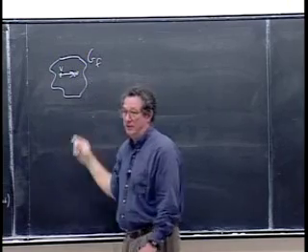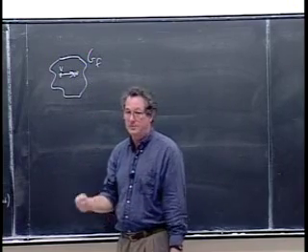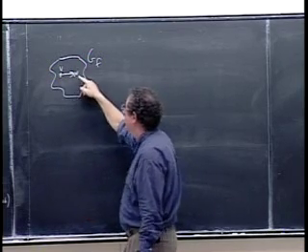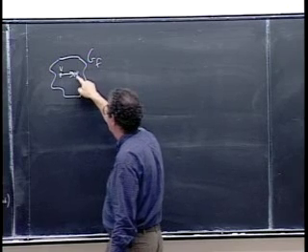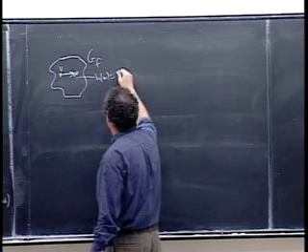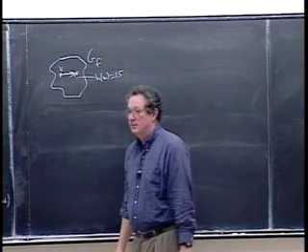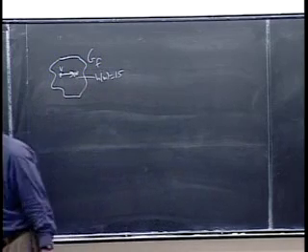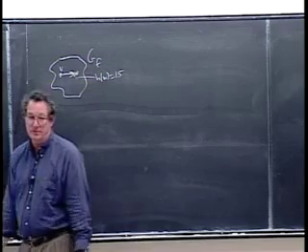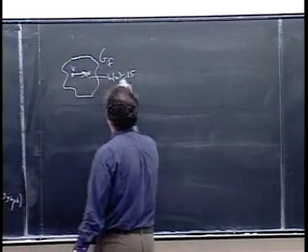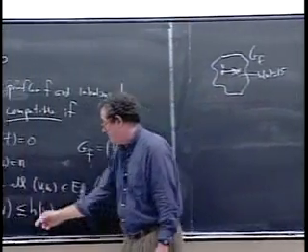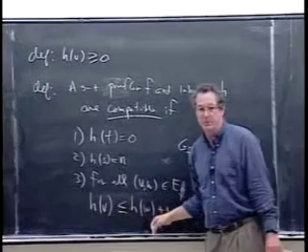So F is a preflow now, but you can still define a residual graph with respect to F. If this is an edge in the residual graph, and let me say the height H of W is equal to, let's say, 15, then what this requirement says is that H of V has got to be less than or equal to 16. Okay? It could be strictly less than 15, but it can't be bigger than 16. H of V less than or equal to H of W plus 1.